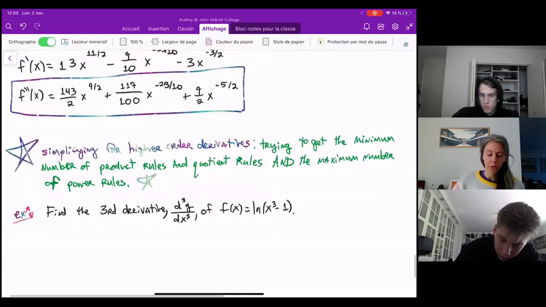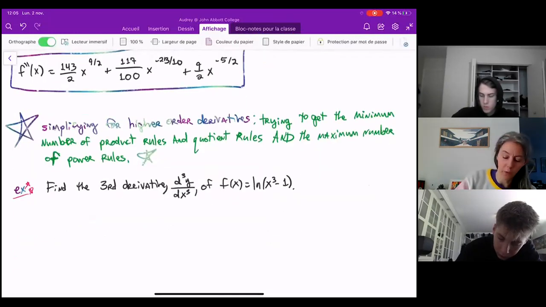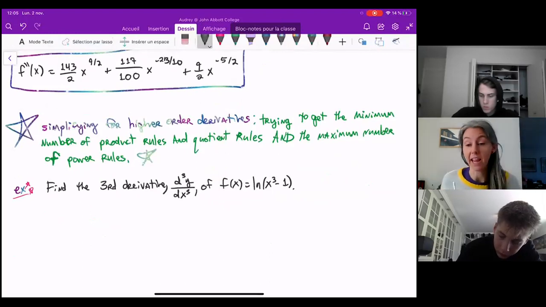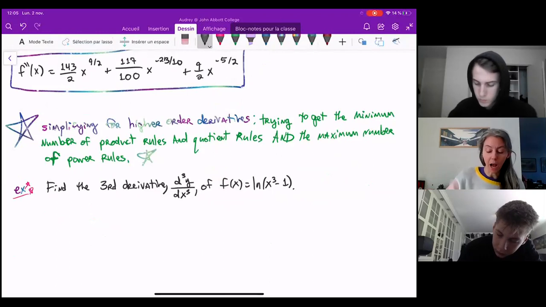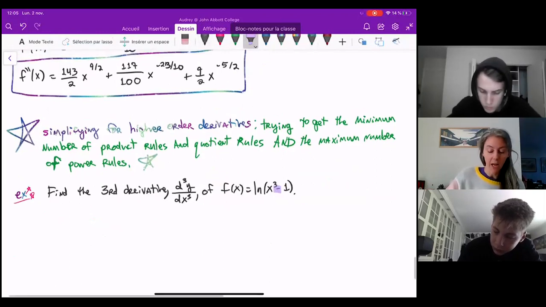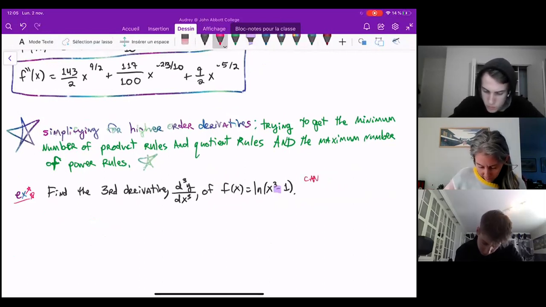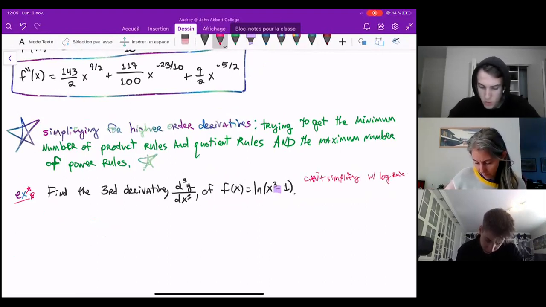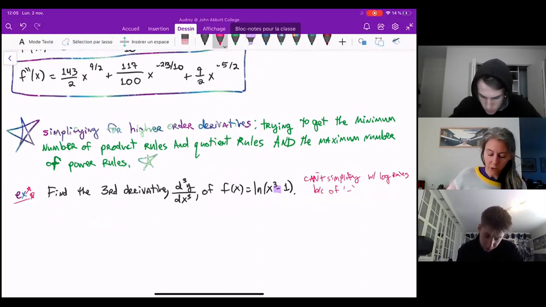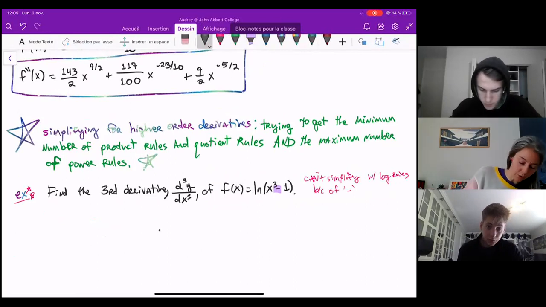So third derivative of ln of x cubed minus 1. There is literally nothing I can do to simplify that. My log rules will not happily simplify that because of that minus inside. We can't use the log rules. So what that means is we're just going to take the derivative as it is.